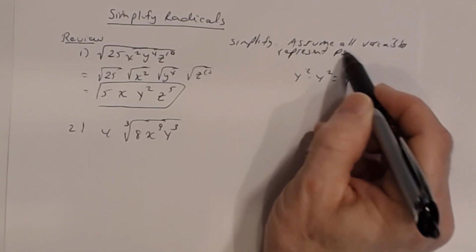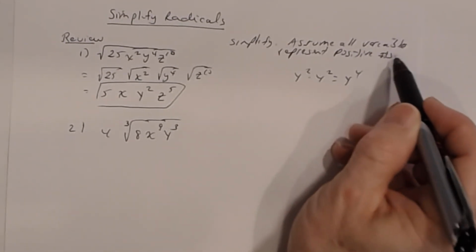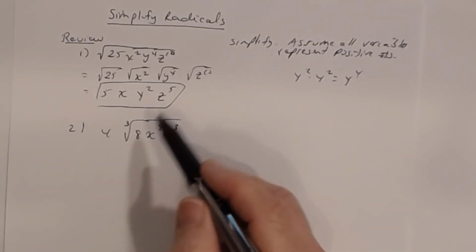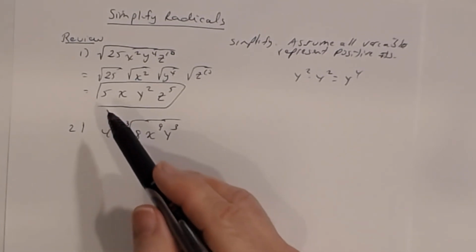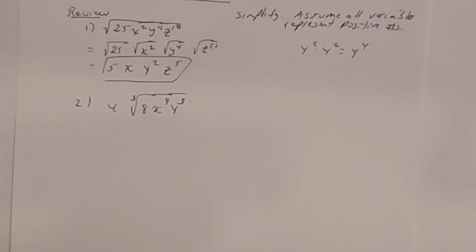The reason for that is that way you don't have to worry about having to put any of these in absolute value. So you don't have to worry about that in these lessons right here.